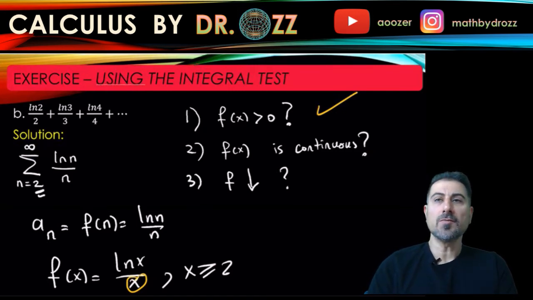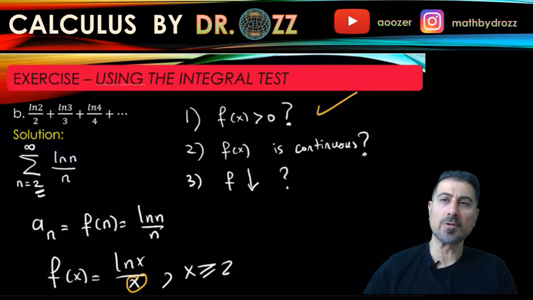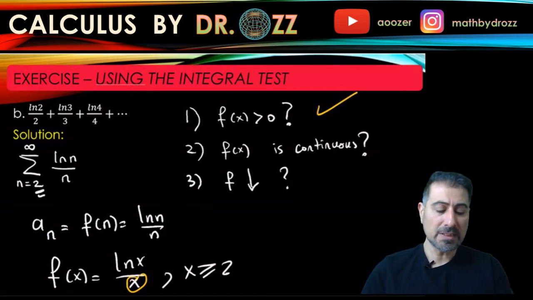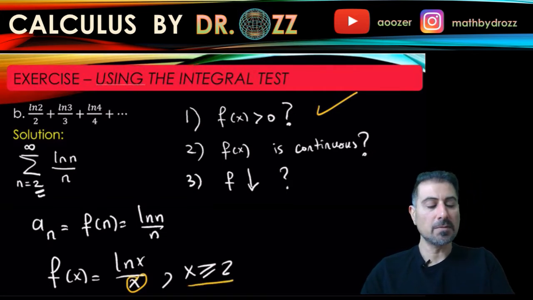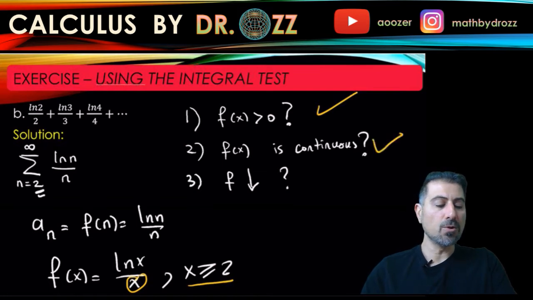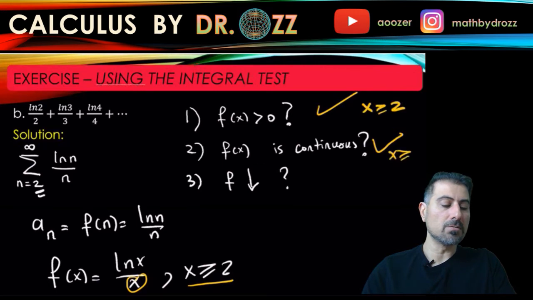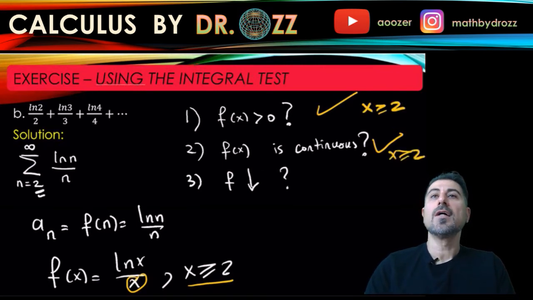And x is continuous, and ln x over x as a ratio is continuous as long as the bottom is not 0, in other words, as long as x is not equal to 0. But again, we're safe because x is greater than or equal to 2. f of x is going to be continuous for x greater than or equal to 2.